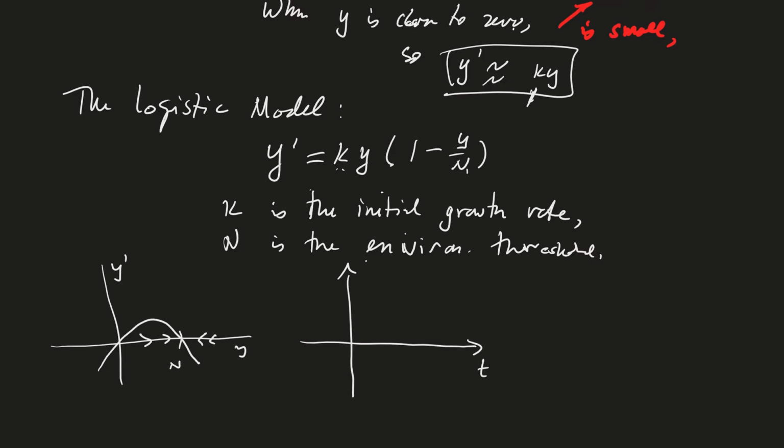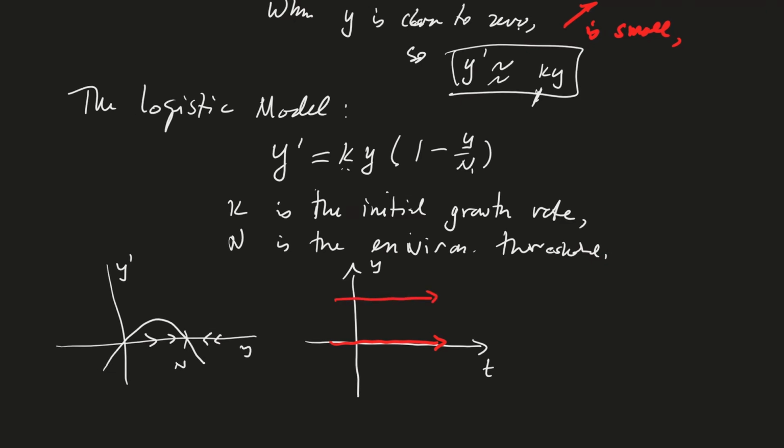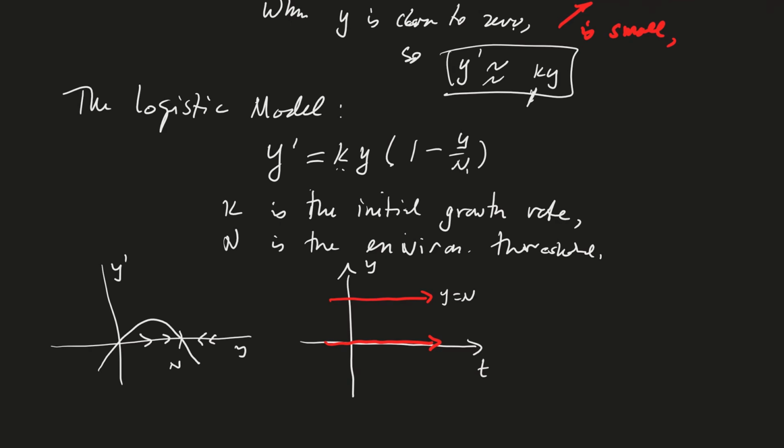If this is t and y, right, then let me draw the solutions in red over here so you can see them. This is one solution, this would be the other solution, y equals n. Right, and what do the other solutions do in between?